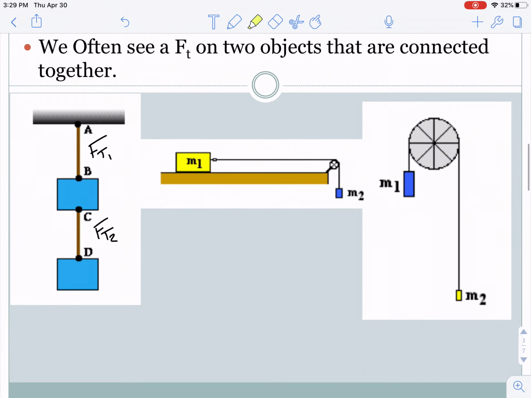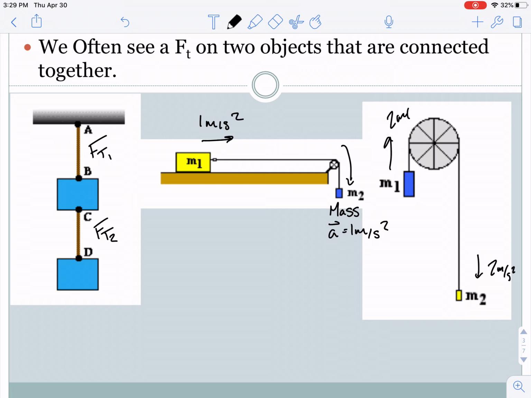Because these two masses are attached by the same string, if this mass is accelerating at 1 meter per second squared, this has to also be going at 1 meter per second squared. Same with this example. If this is going at 2 meters per second squared down, we have to assume that this mass 1 is going at 2 meters per second squared up.